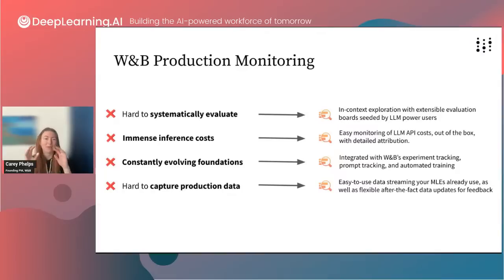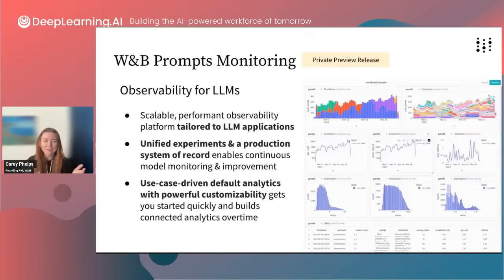So being able to explore within the context of the results that you've logged in W&B via evaluation boards, being able to monitor in real time and see the cost of the work that you're doing, being able to integrate with other tools in the W&B ecosystem and beyond, and then streaming those results in live so that you can react quickly. And what that looks like is something like a Datadog dashboard, right? But for LLMs in particular.